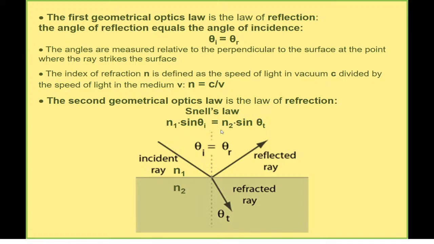Snell's law, and you can see that it is not a random change of the direction of propagation. This is determined by the indexes of refraction of the two media. These indexes determine the angle of refraction at the particular angle of incidence.